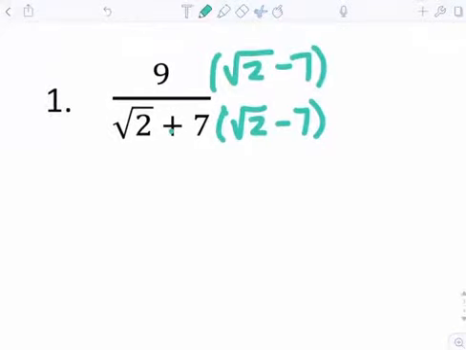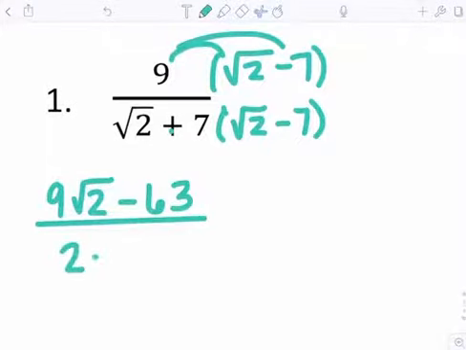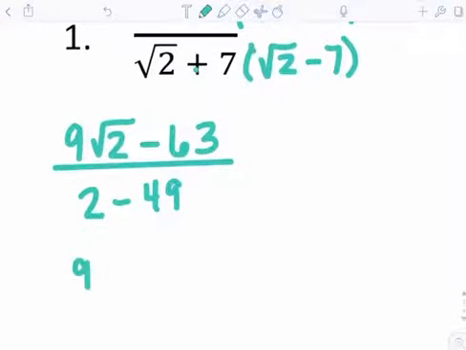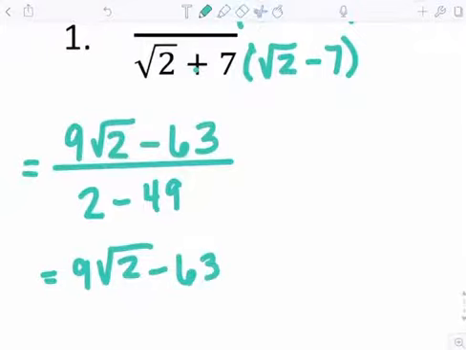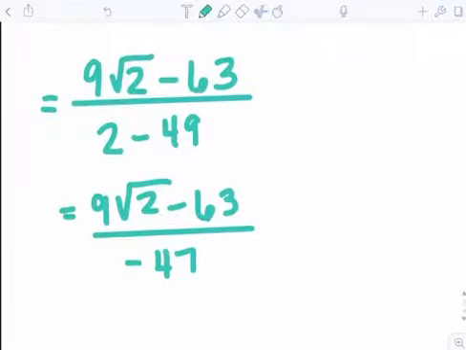Okay, so I'm going to distribute in the numerator, so I get 9 root 2 minus 63 over, well, we know that that became 2 minus 49 because my middle term went away, so I have 9 root 2 minus 63 over negative 47. Okay?